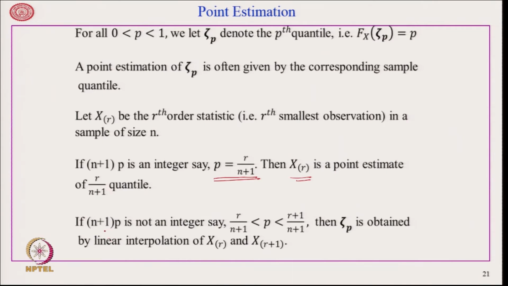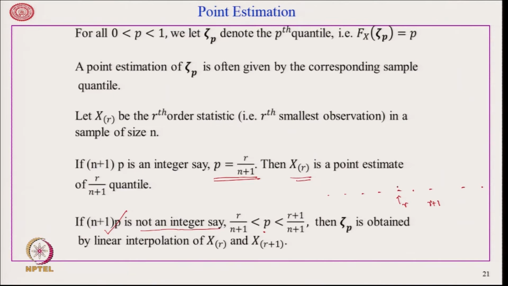However, if n plus 1 p is not an integer, which is the most likely situation, then p will be lying between two observations, the rth one and the r plus 1th one. Say p lies between the rth observation in terms of order and the r plus 1th observation, then p is suppose lying somewhere here.